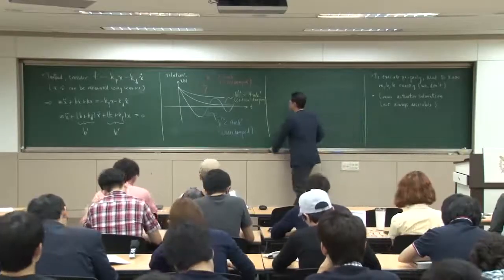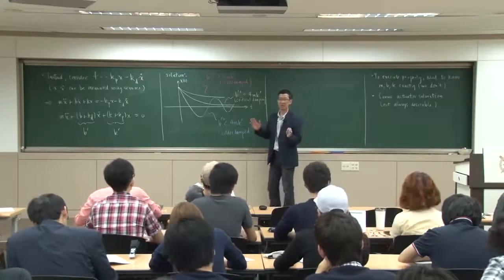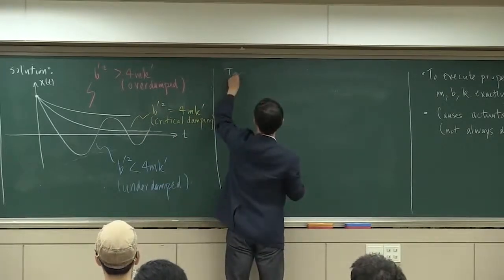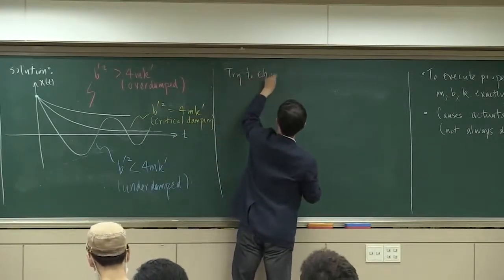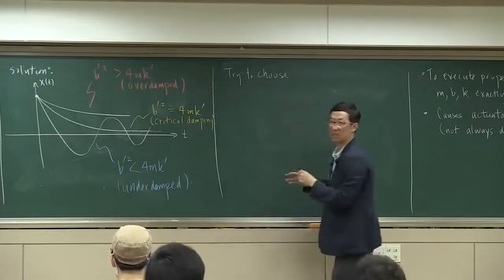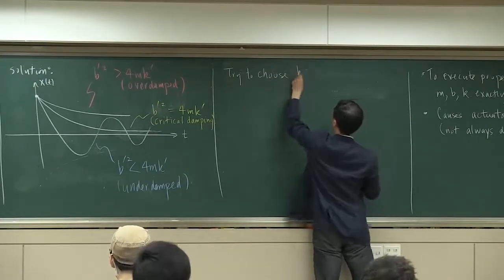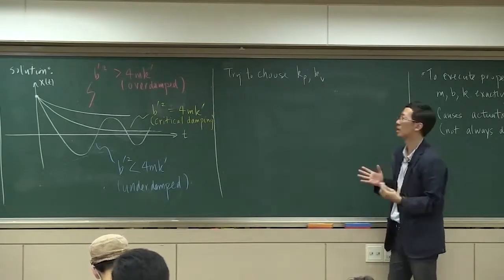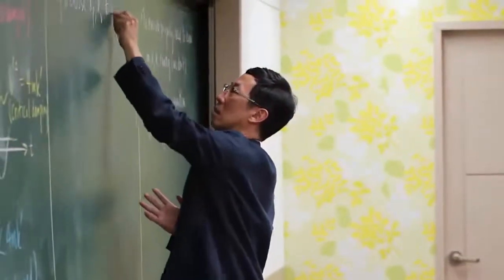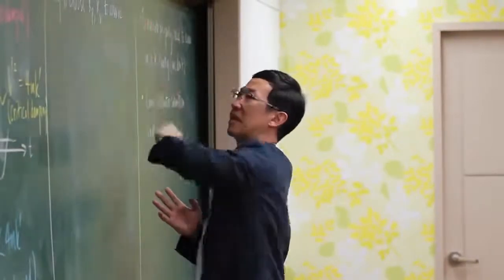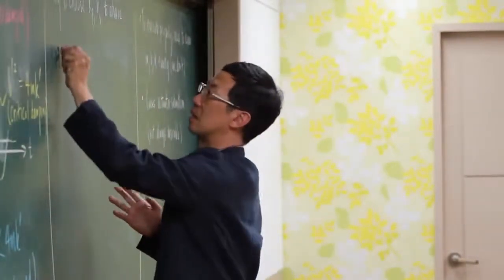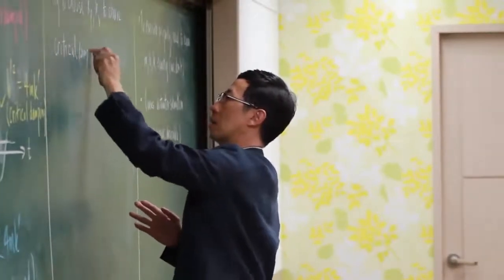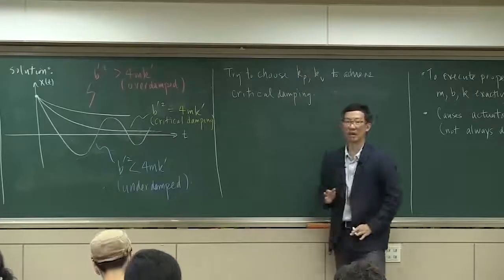So if possible, we want to try to choose Kp and Kd to achieve critical damping, because that's the best case. Is this possible?